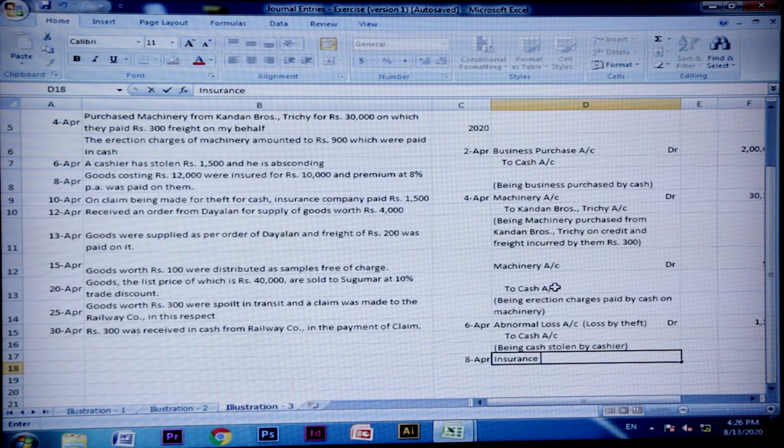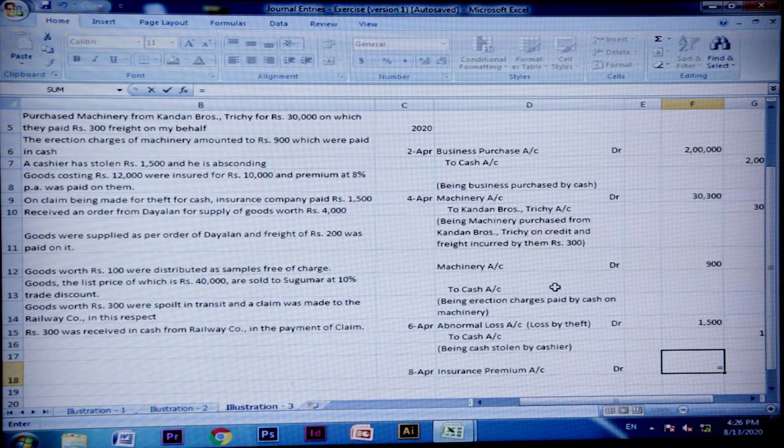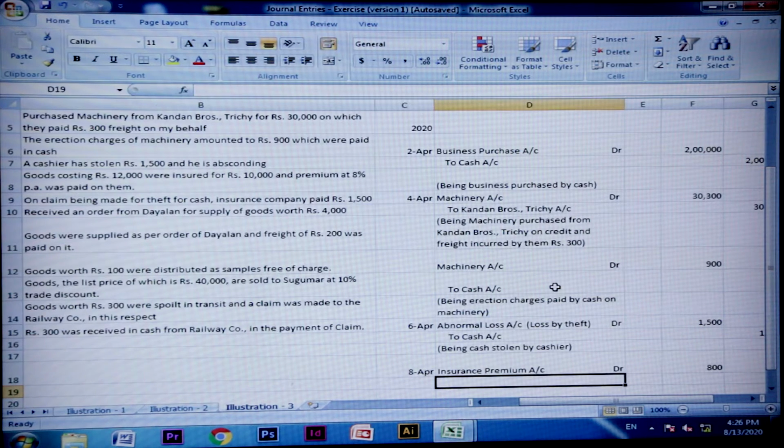The amount is not given directly, so we have to calculate. Insurance premium account debit. It is for 10,000 and premium is at 8%. So 10,000 into 8%, the amount is 800 insurance premium.